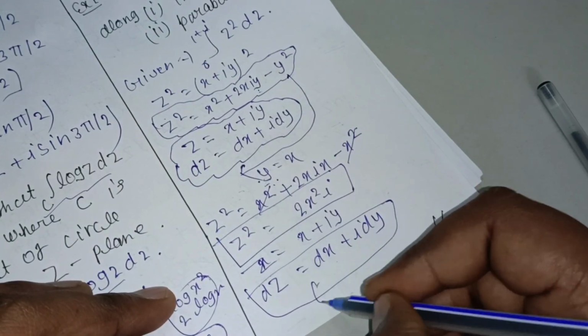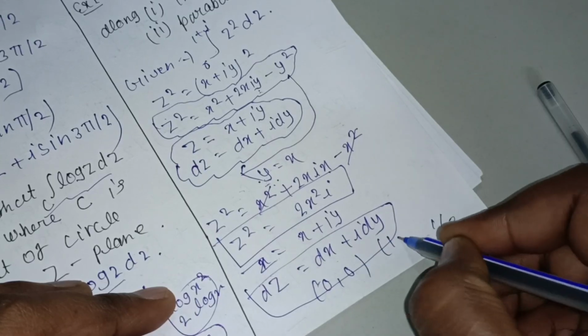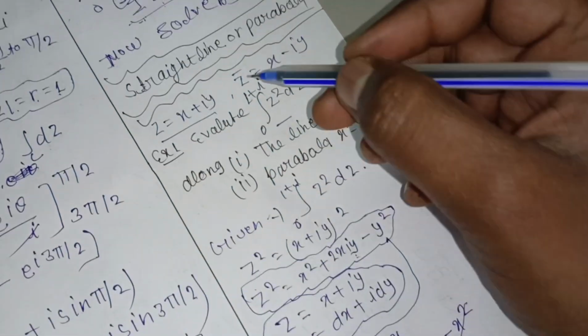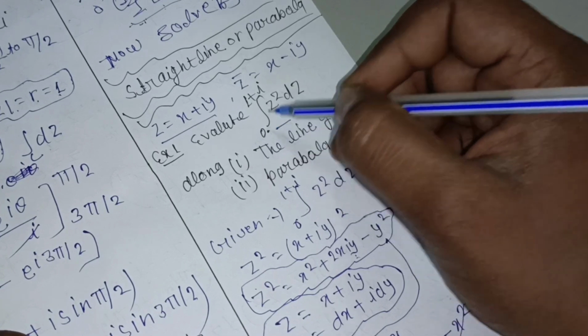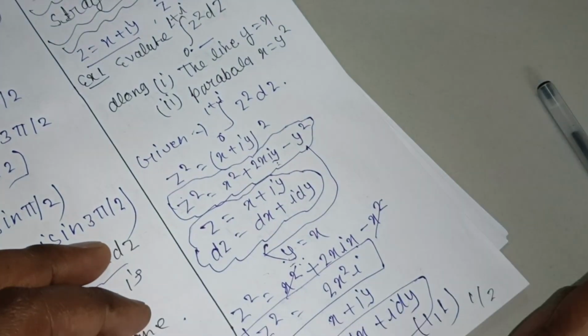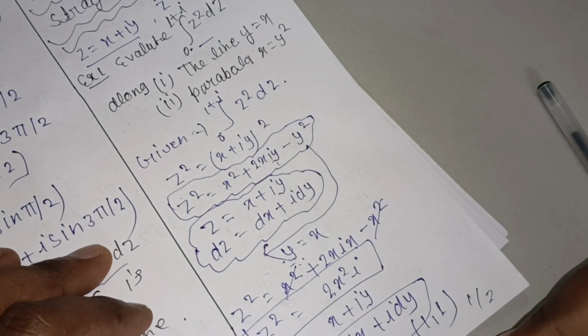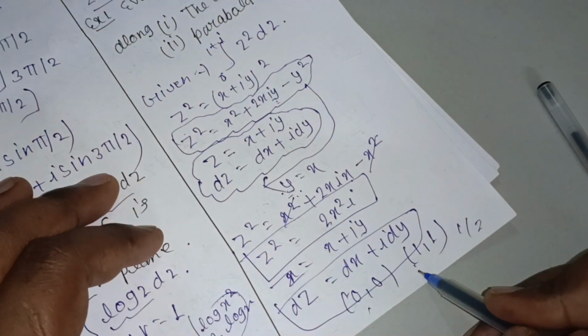The limit is from the origin, so 0, 0 to 1, 1. So we will replace it by lower limit 0 and upper limit 1. Okay, we replaced it. Let's solve the next part.